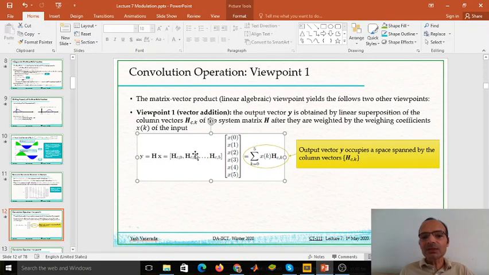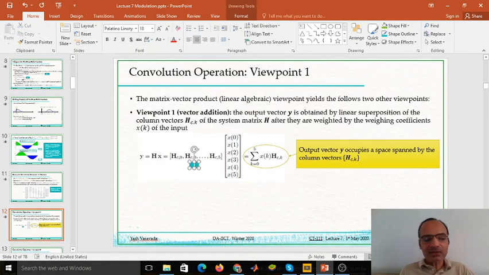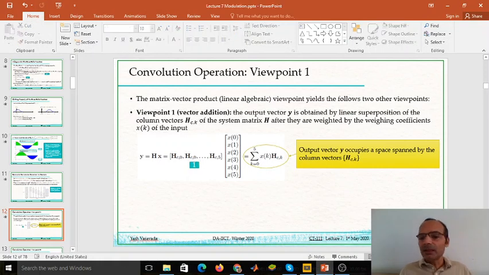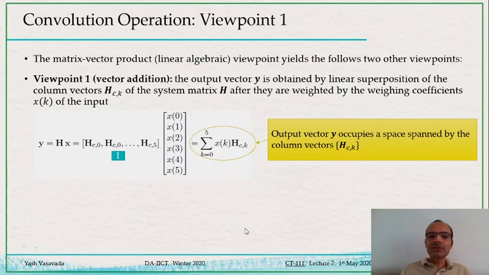It looks like I inserted this as a picture, so it's not allowing me to correct, but I'll say that this is actually HC1, not HC0, and so on. So you have HC0, HC1, and so on, all the way up to HC5, because there are 5 columns. And then this is our vector X.